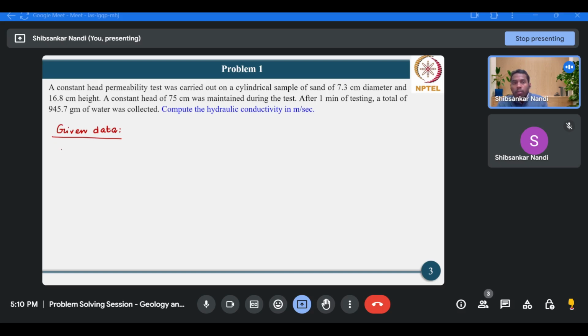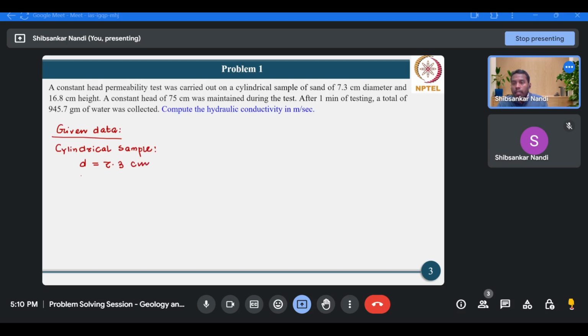Okay, so the diameter of the cylindrical sample, if we mention it as small d, is given as 7.3 centimeter.